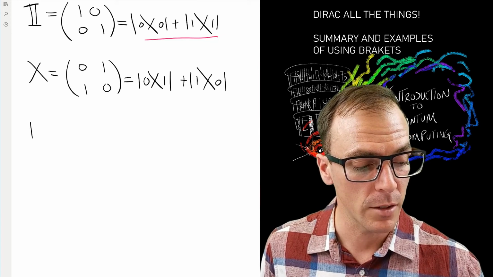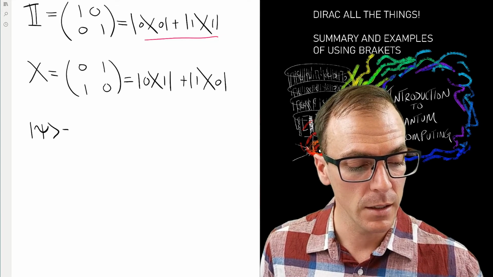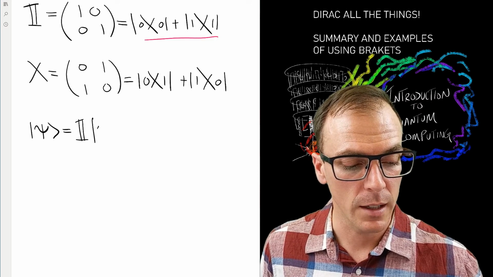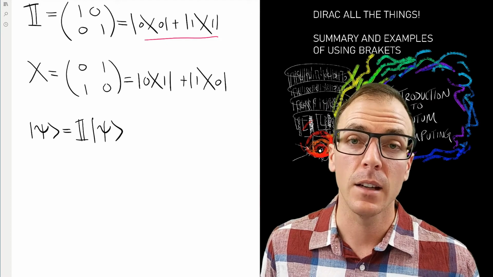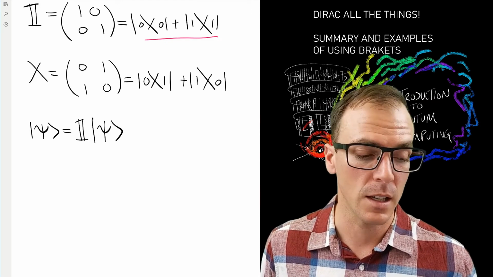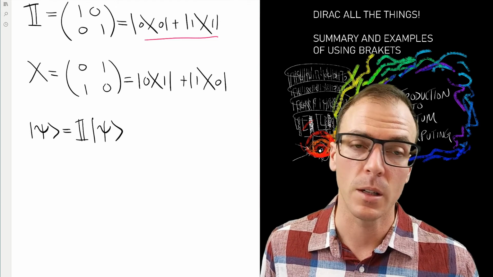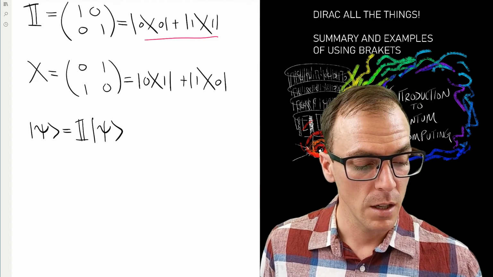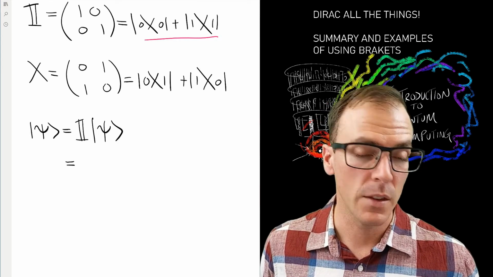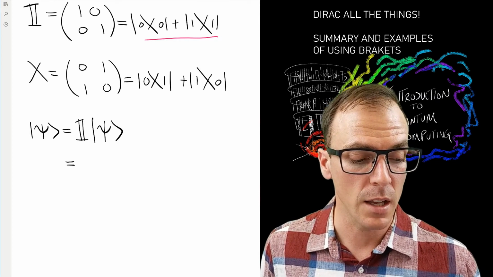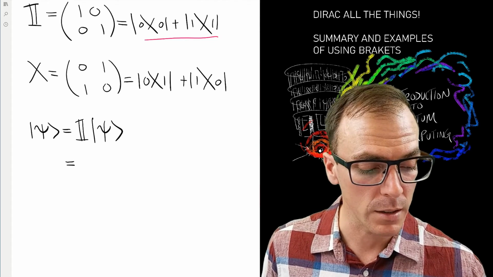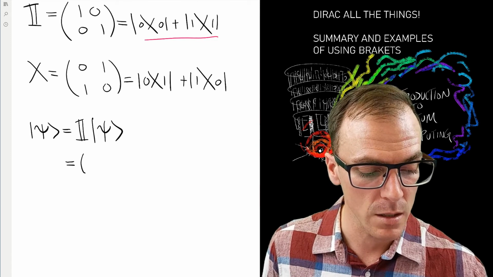So if I have vector psi, I can multiply it by the identity, and that doesn't change psi, because the identity takes any vector or any matrix to itself. However, because the identity is equal to this sum of outer products, I can just plug that in and see what happens.